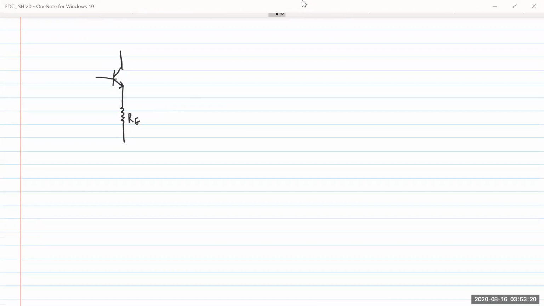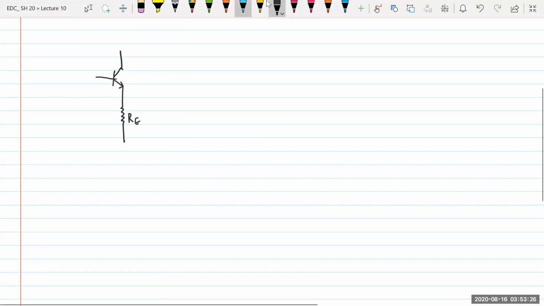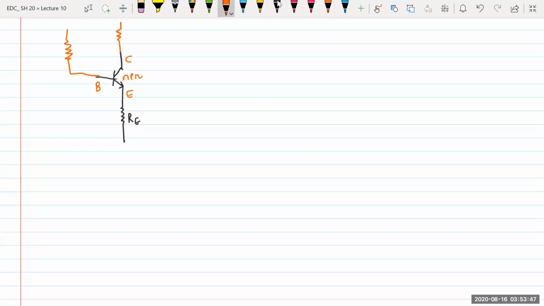So I'll term these as base, collector and emitter. This is my NPN transistor. This is resistor RE. Fixed bias circuit contains base resistor RB and collector resistor RC.